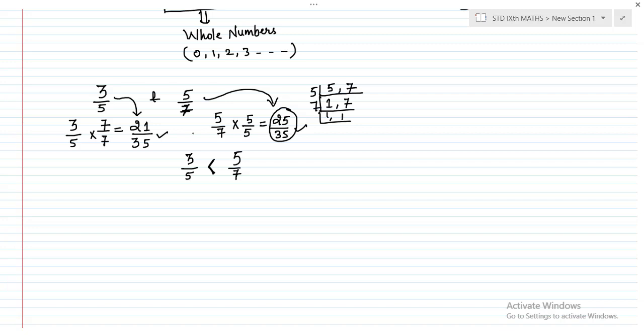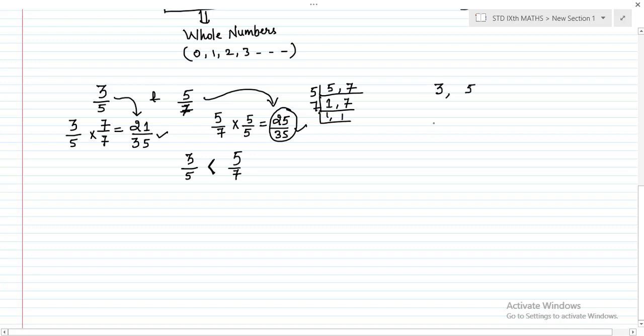Suppose we have to insert a number between 3 and 5, what we basically do is take the average: we add the two numbers and divide by 2, and we get 8 upon 2, which comes to 4. The same way, for inserting 3 rational numbers between these two numbers, let us learn how to insert 1 first.